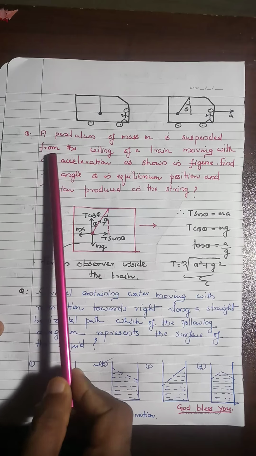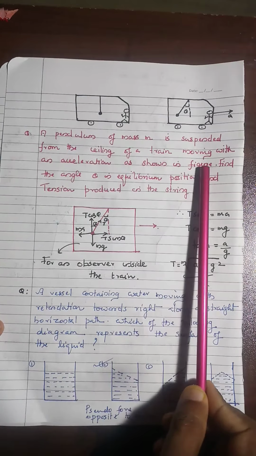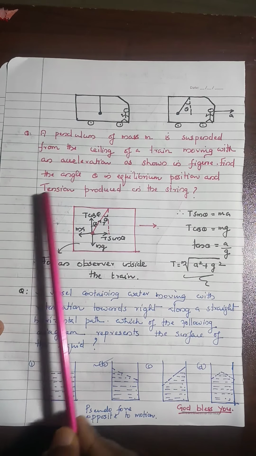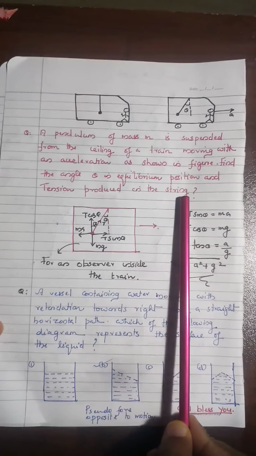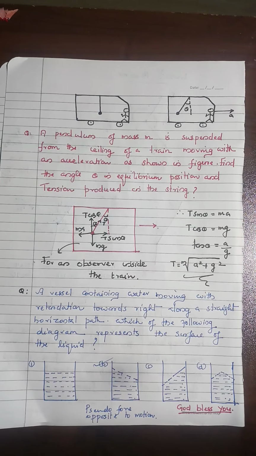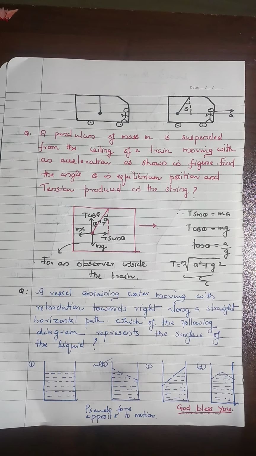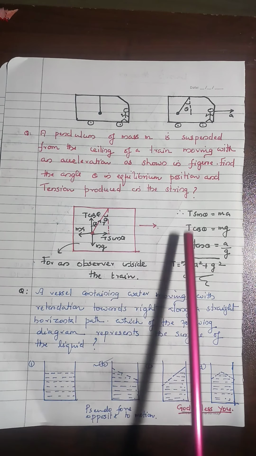We are with a good question. A pendulum of mass m is suspended from the ceiling of a train moving with an acceleration as shown in the figure. Find the angle theta in equilibrium position and the tension produced in the string. You know the weight, the pseudo force, the tension can be split into two components. We can balance.